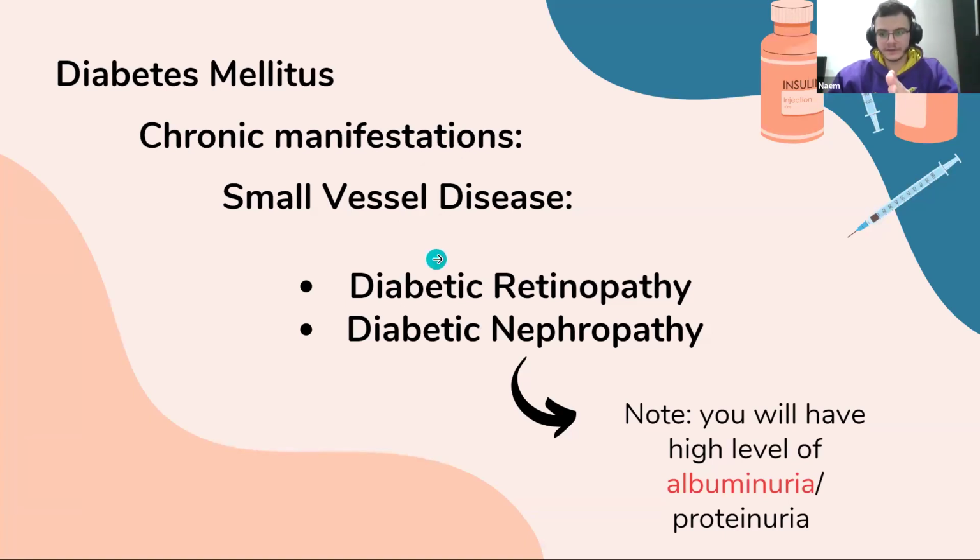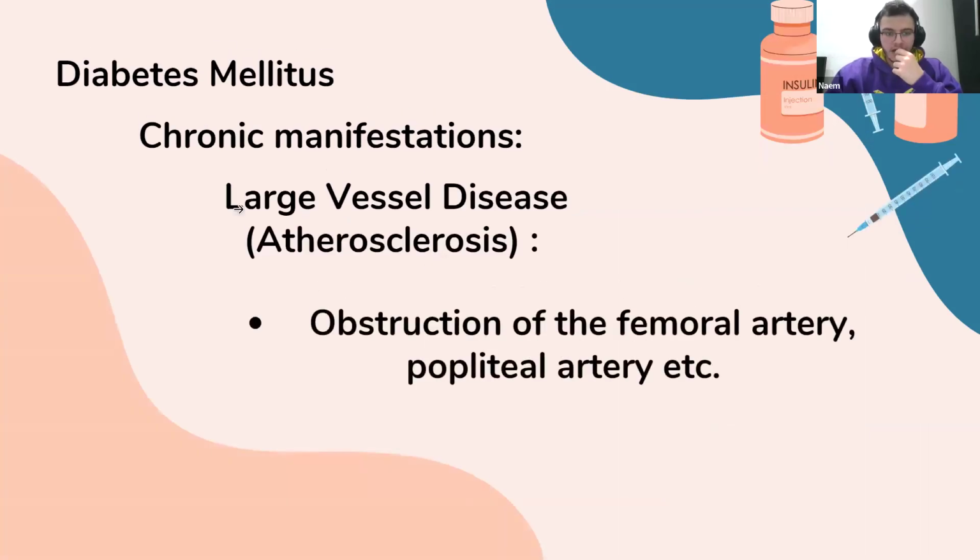Now we're done with small vessel diseases, right? So we said small vessels could be in the eye, causing retinopathy, or the glomerulus in the kidney, which leads to nephropathy. Now, what about large vessel diseases? Again, this one is more simple.